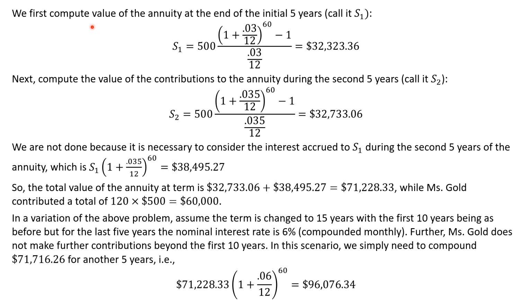We first compute the value of the annuity at the end of 5 years. So we have our formula for annuities. 500 is the monthly deposit. Then the monthly interest rate is 0.03 divided by 12. Then the number of periods is 60, and we get this number here.